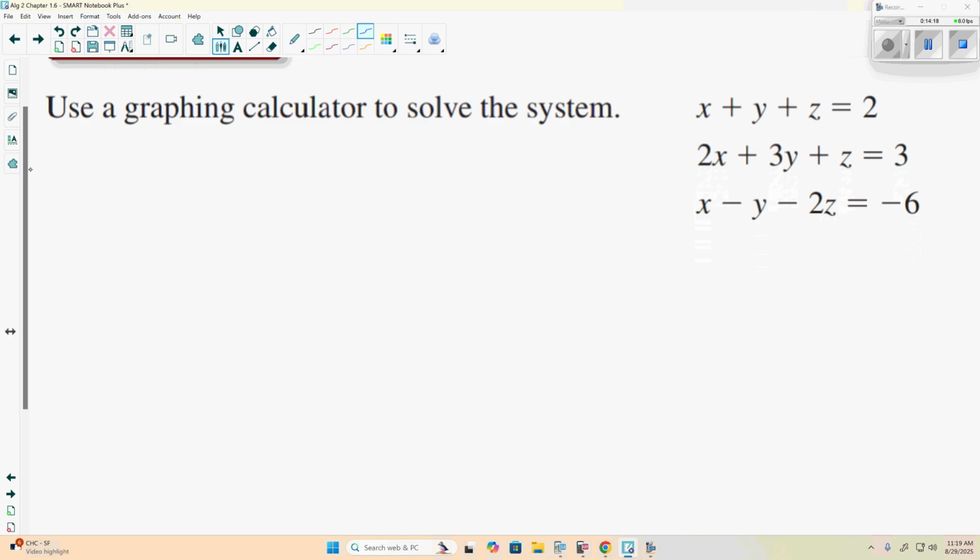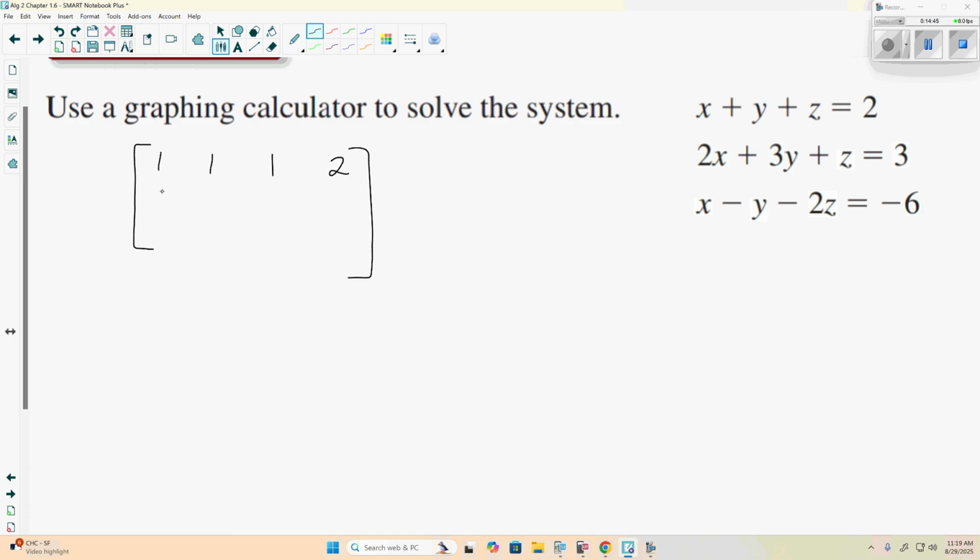So we have these 3 equations. x plus y plus z equals 2. 2x plus 3y plus z equals 3. And x minus y minus 2z equals negative 6. So if we wrote this as an augmented matrix, because we do have x, y, z, it's all set up correctly, our first row, the numbers would be what? 1, 1, 1, 2.